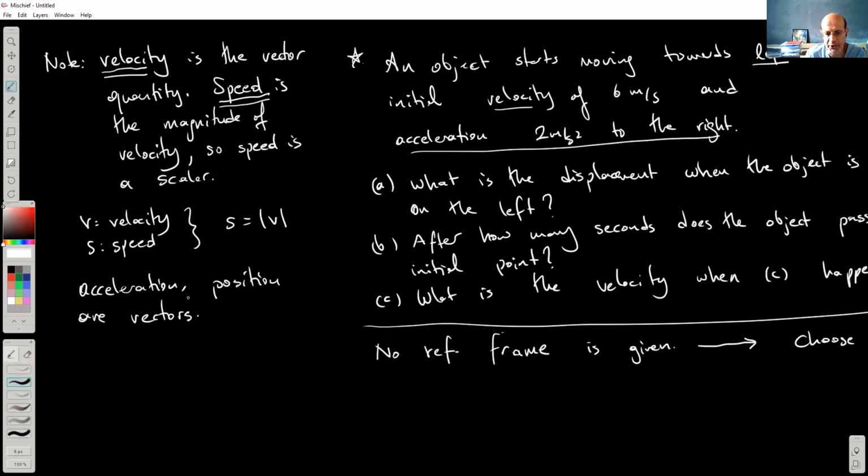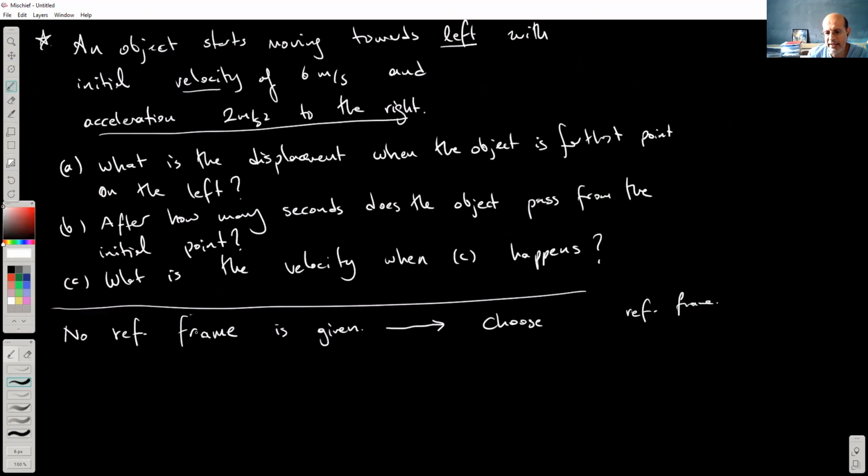But in any case, when you are specifying these quantities, you have to make sure that you specify the direction one way or the other. Usually you need a reference frame for expressing the vector quantities.